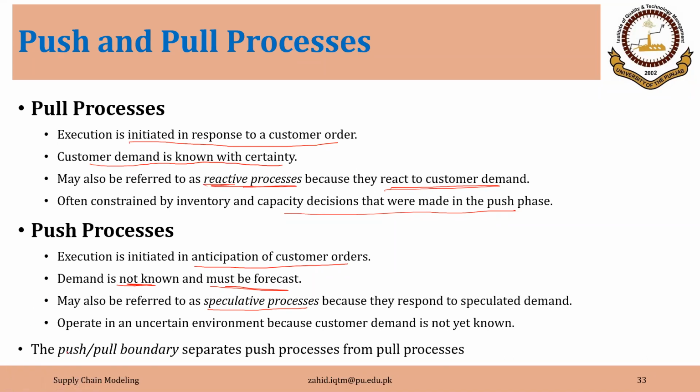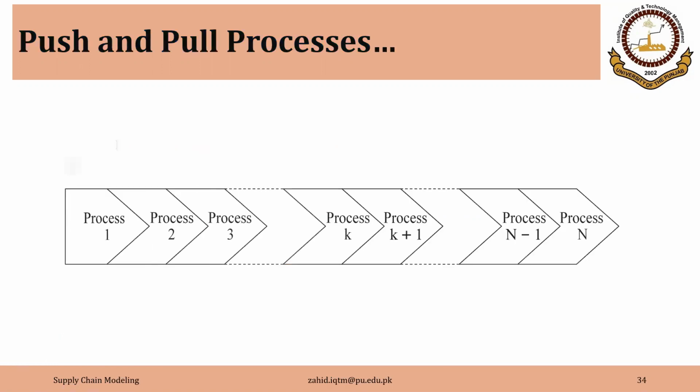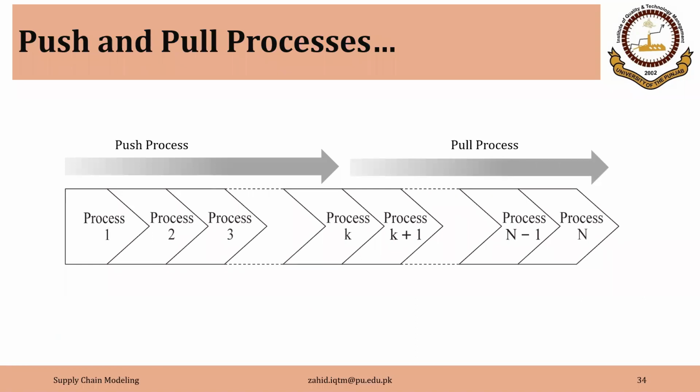So there is a push-pull boundary between these two types of processes in many organizations that separates push processes from the pull processes. There are some processes or activities within the organization that we can perform without exactly knowing the customer order. And then there are some activities that we perform after knowing the customer order.